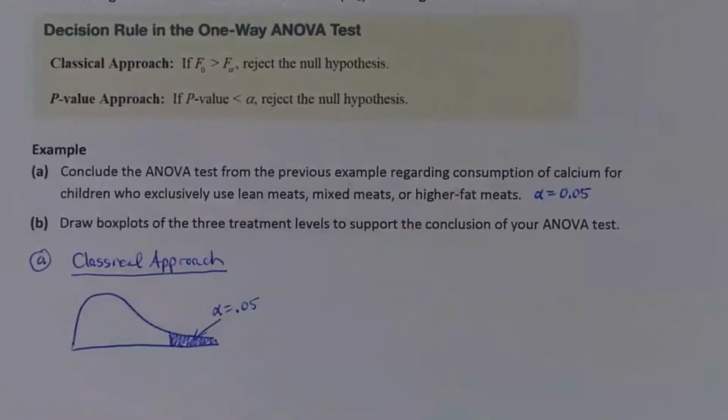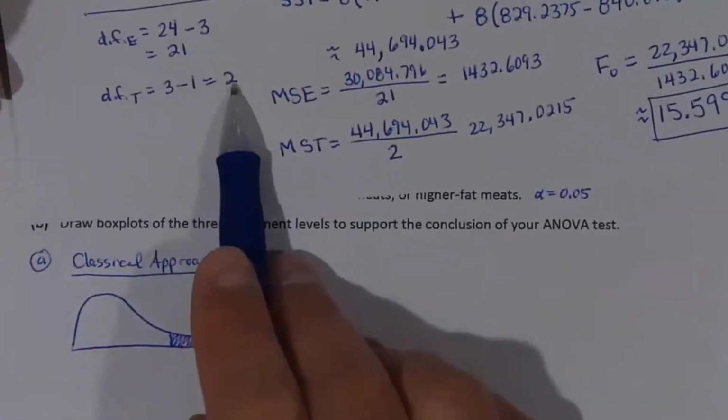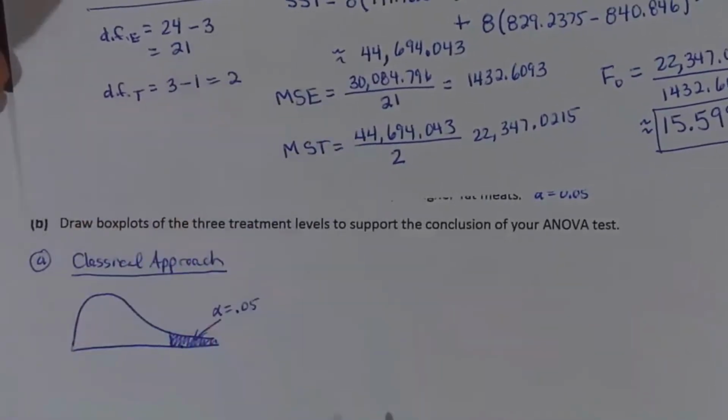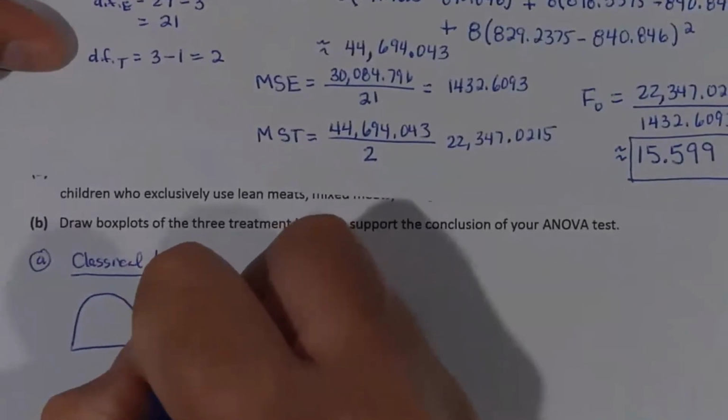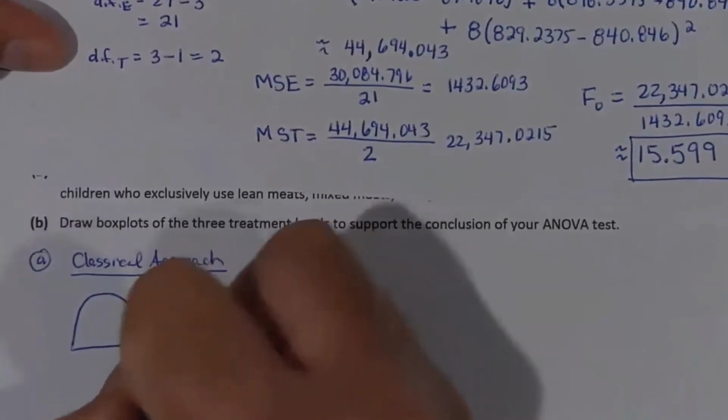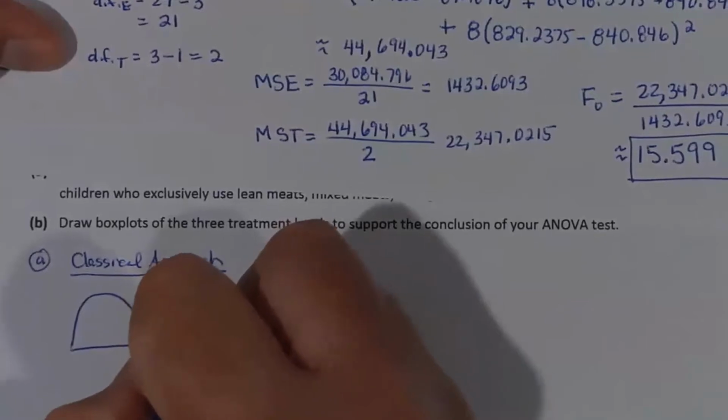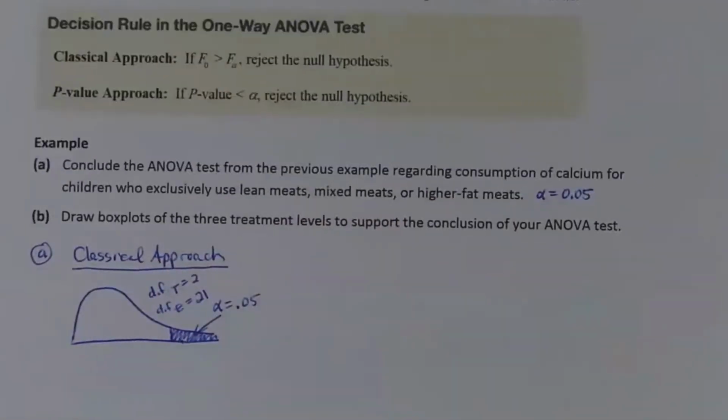And in this particular case, again, remember that our degrees of freedom due to treatment is 2, and our degrees of freedom due to error is 21.